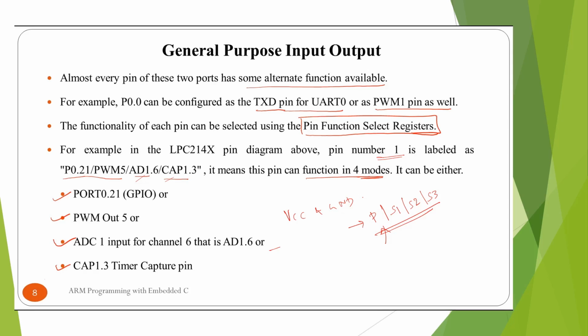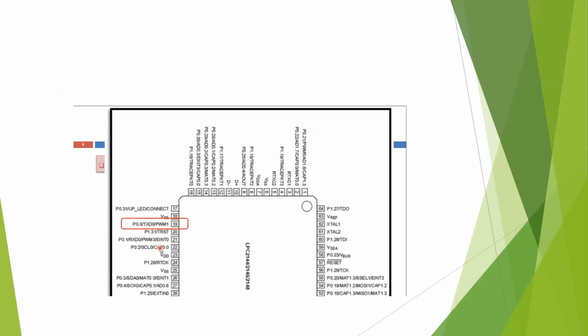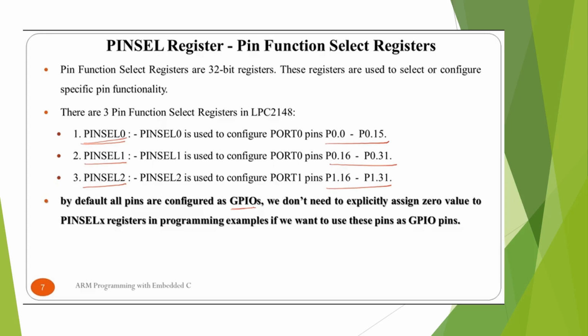So this pin function select register is used. It is discussed, and the picture here we have already discussed. Now see here, the pin function select register is a 32-bit register.